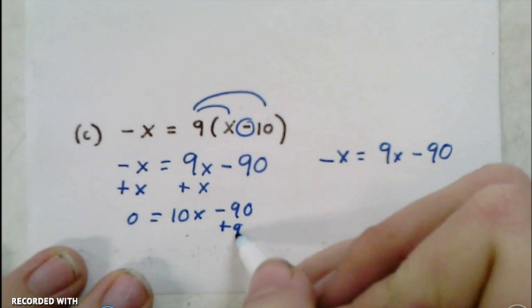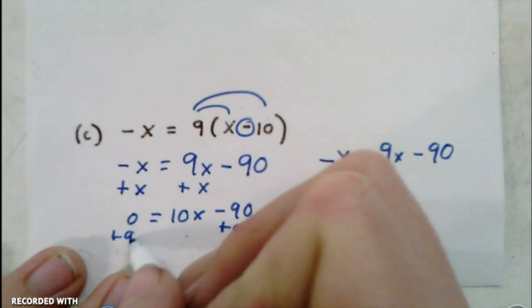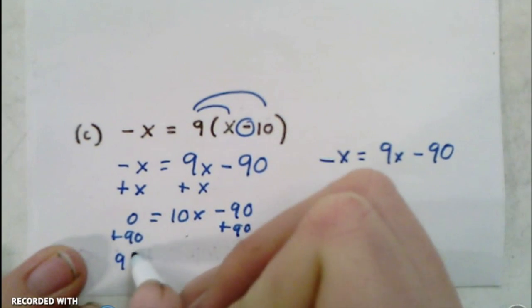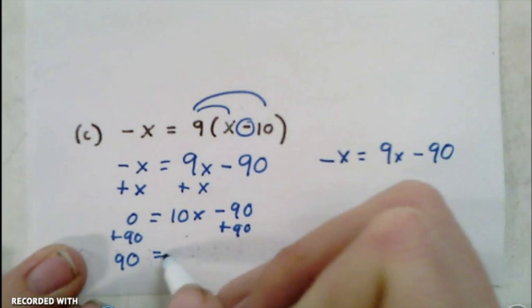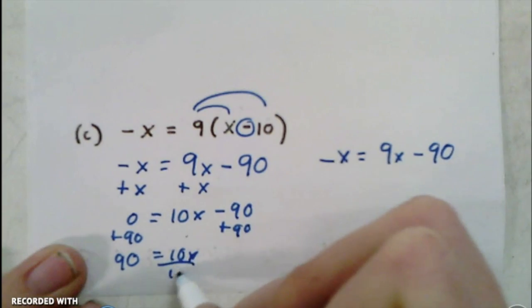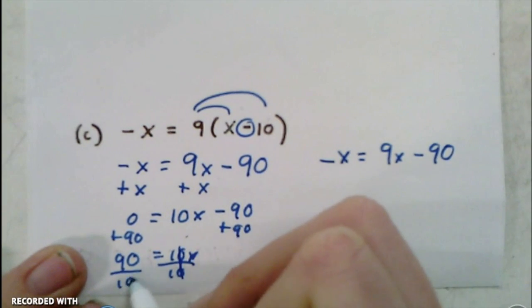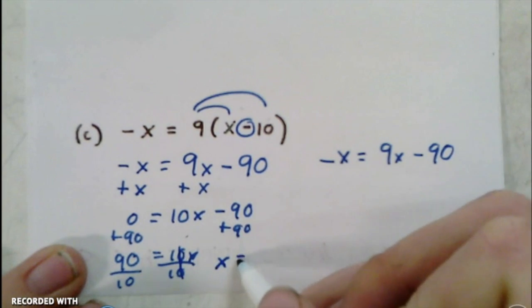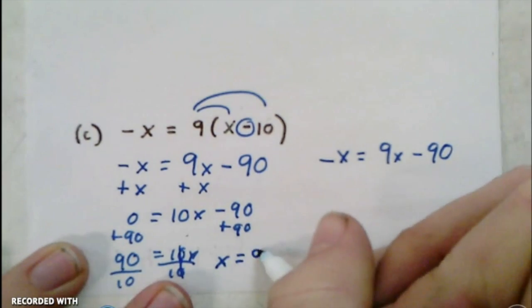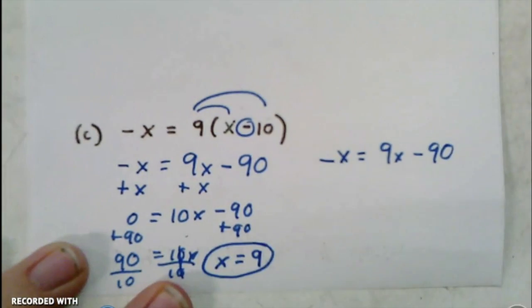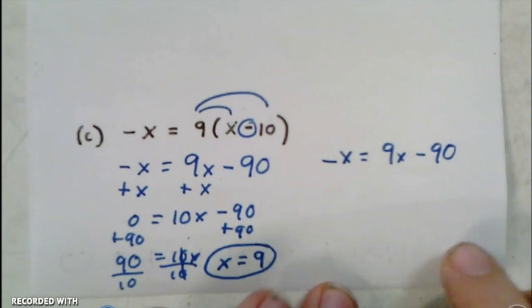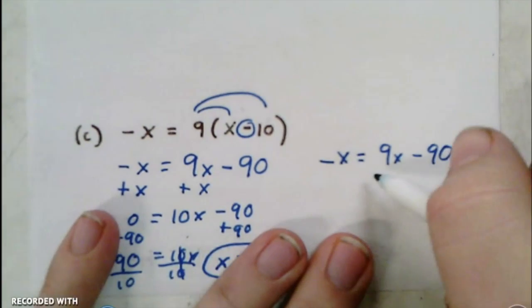Now I'm going to add 90 and add 90. And I'll get 90 equals 10x. Divide by 10. Divide by 10. And I get x equals 9. All right, let's try it this way. So on this side, I'm going to move here.